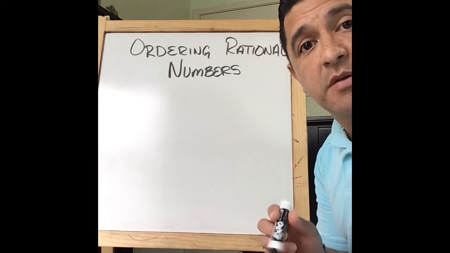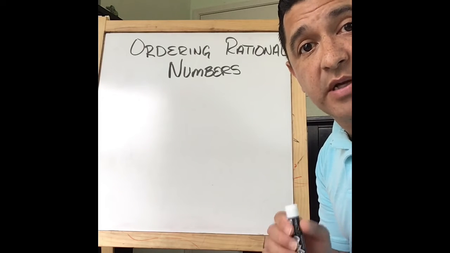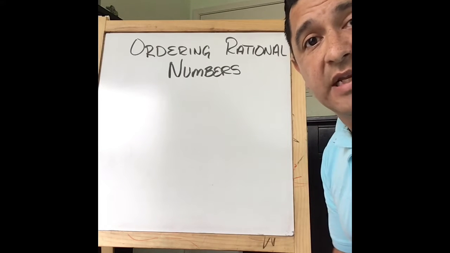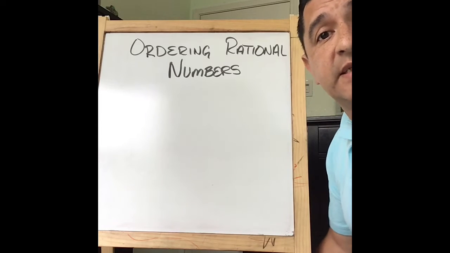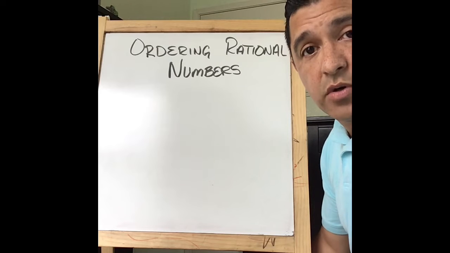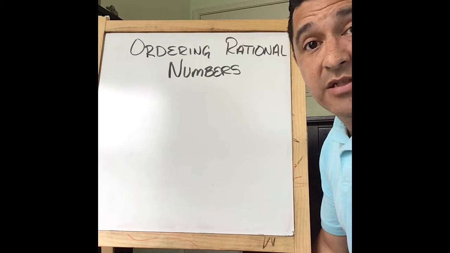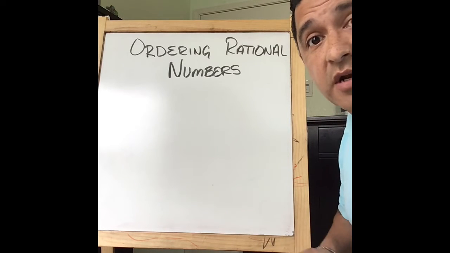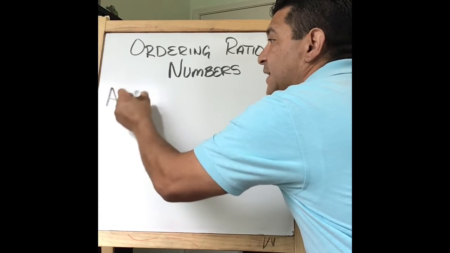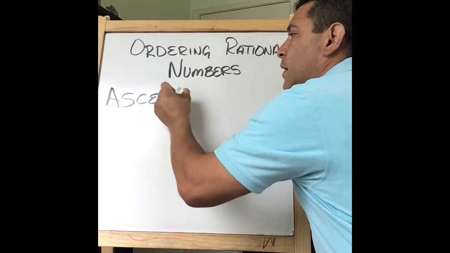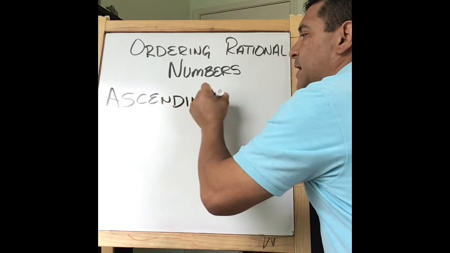Remember, we've always talked about vocabulary is always important, not just in reading, but in everything that we do, especially in math. Why is it important? Because we need to understand what they're talking about when it says ordering rational numbers. Let's talk about the first vocabulary word, today it is going to be the word ascending. And what does ascending mean?